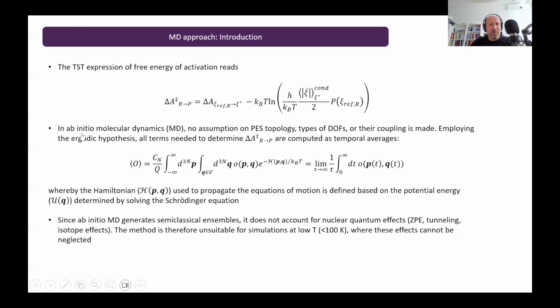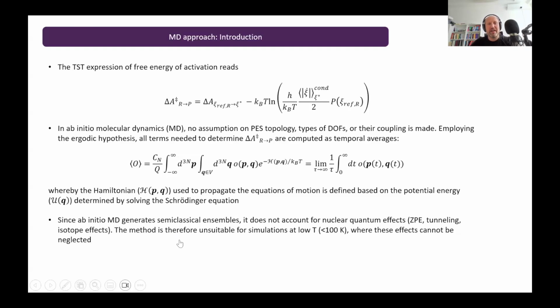In so-called ab initio molecular dynamics, the Hamiltonian that we use to propagate equations of motion to generate this time evolution of the system is based on the potential energy determined by solving the Schrödinger equation. Still, we are using classical equations of motion as the propagator of the system.